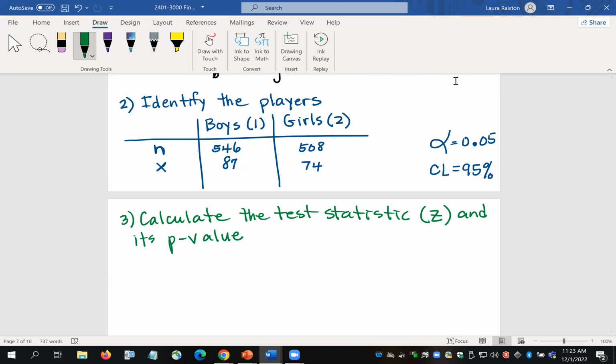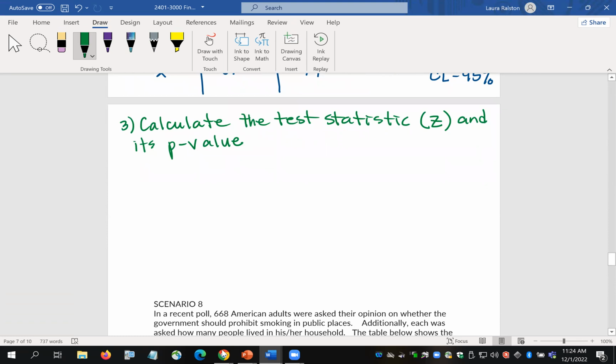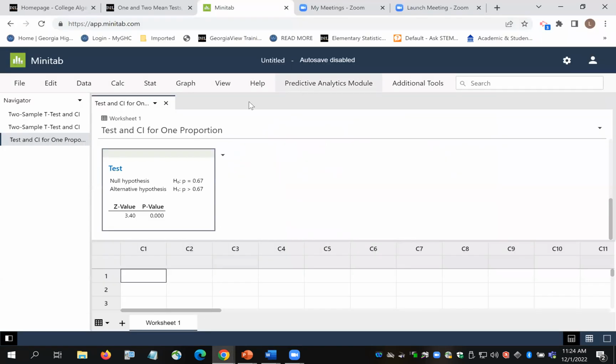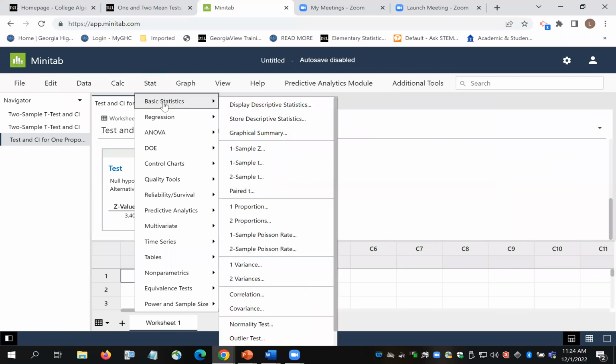And we're going to do that in Minitab. Stat, basic statistics, 2 proportions.